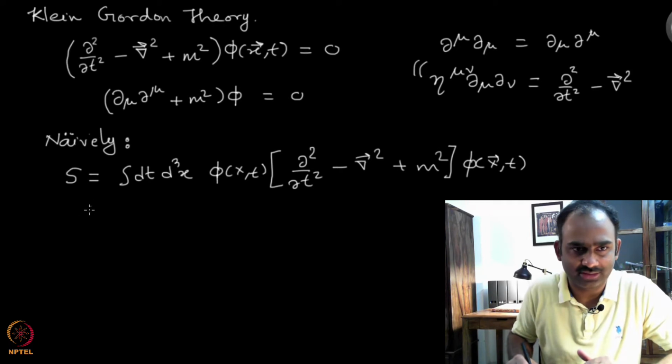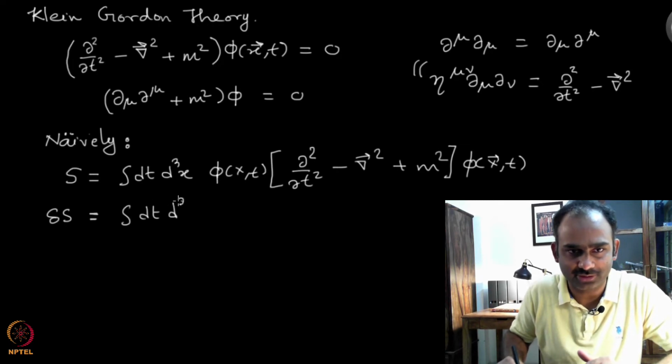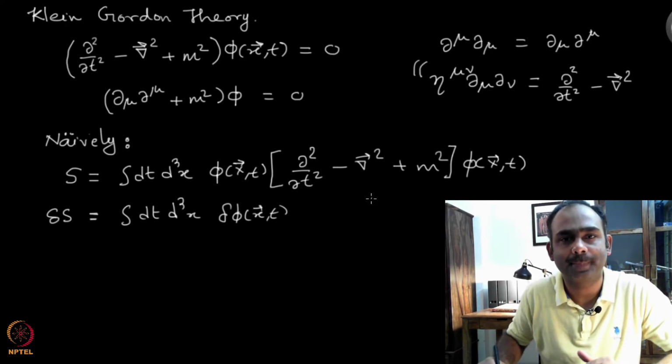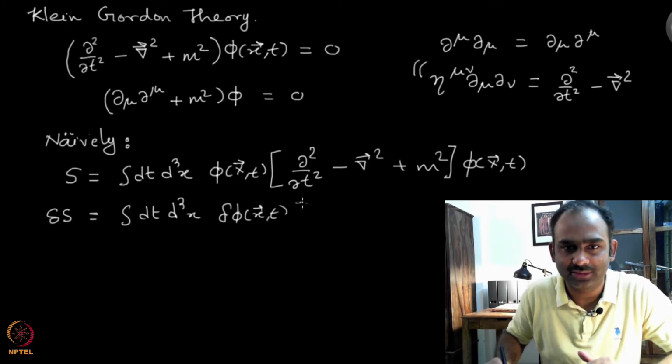Now let us look at a variation of S, and that is the integral of dt d cube x. I vary this first, so this field is varied, then we have this operator. Let me just write the bracket.